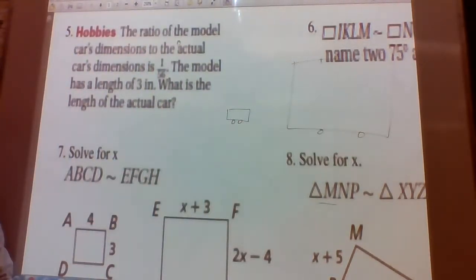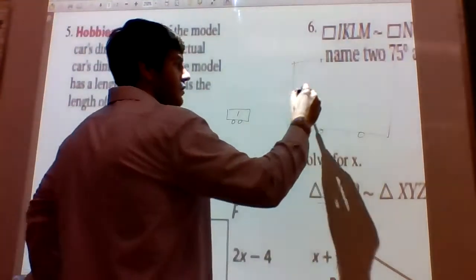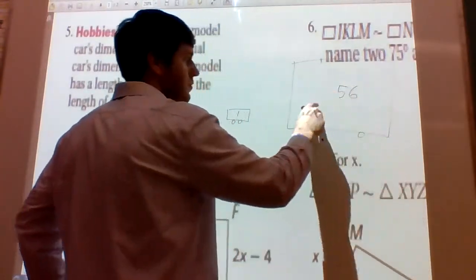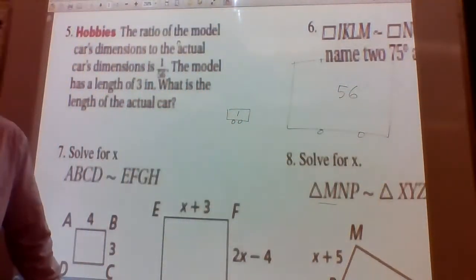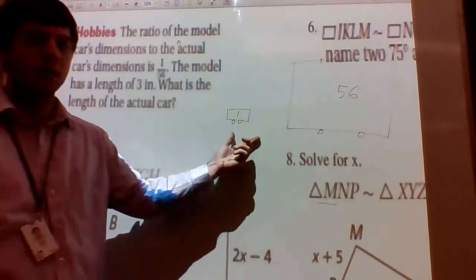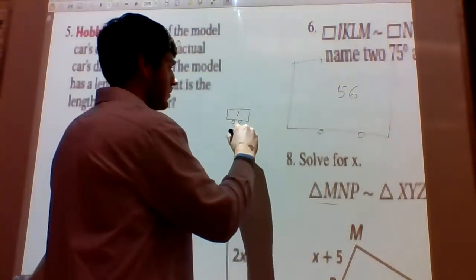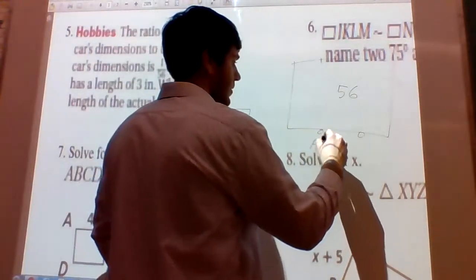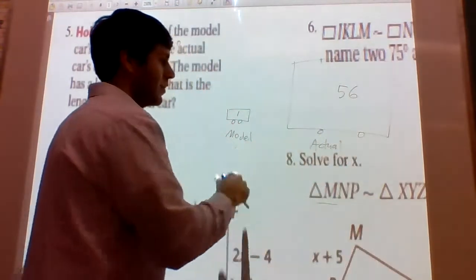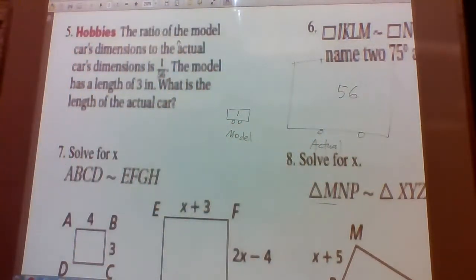Our ratio is 1 to 56. The actual car is 56 times greater than the model car. The model car is 1/56 the size of the actual car.